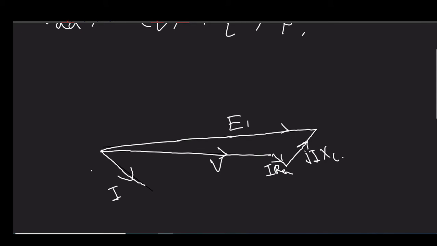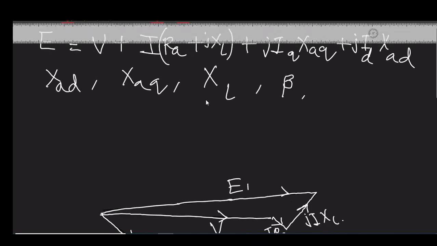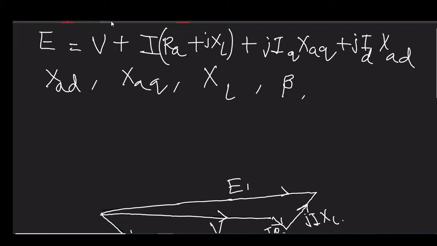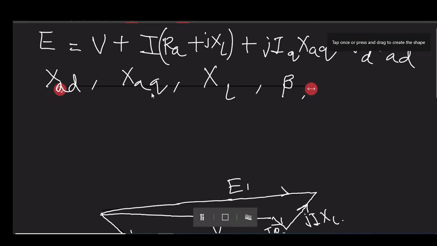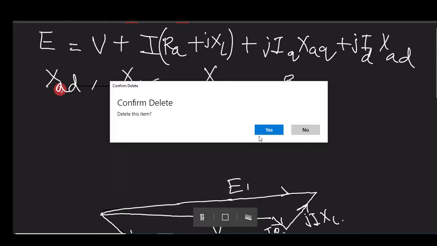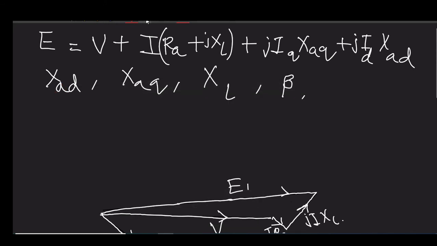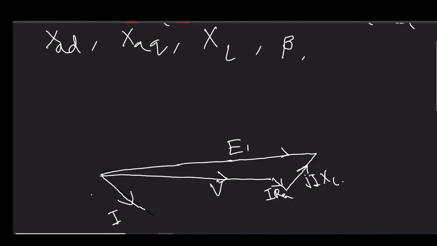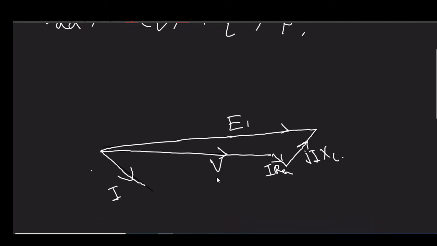Now as I have mentioned here that I know beta, right? I know this beta. So if I know beta, then after knowing beta, I can break it in two components.